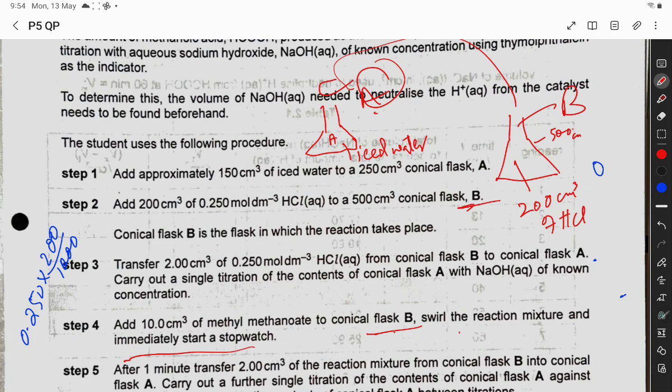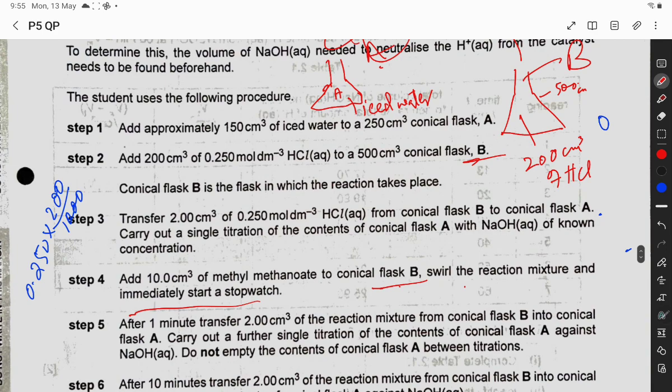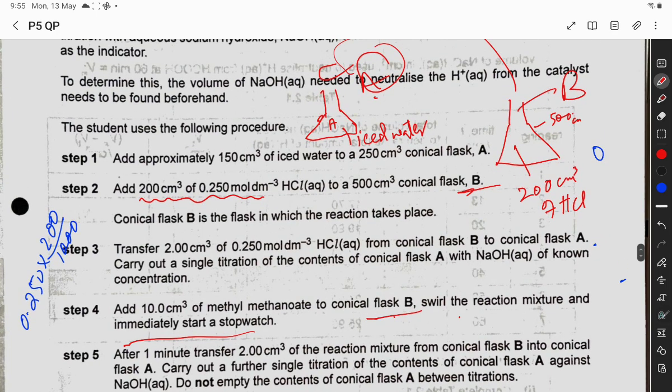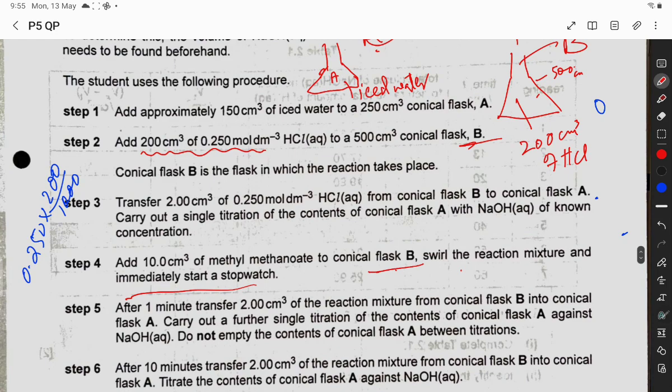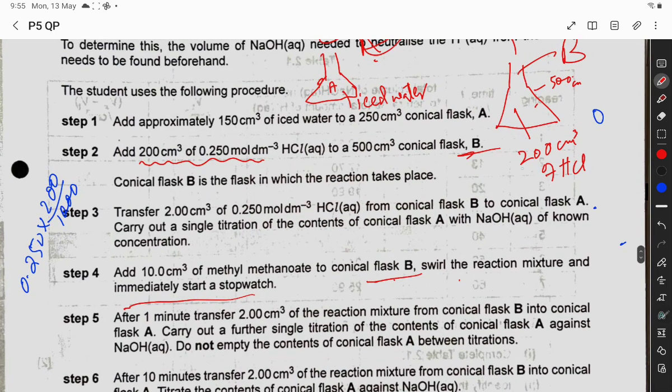Add 150 centimeter cube of iced water in this, and label this flask as A. In step 2, add 200 centimeter cube of 0.250 mole per dm cube HCl to a 500 centimeter cube conical flask. This is another flask, labeled B. Conical flask B is the flask in which the reaction takes place.